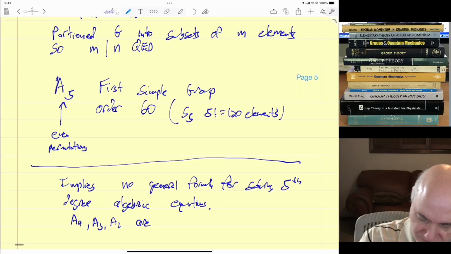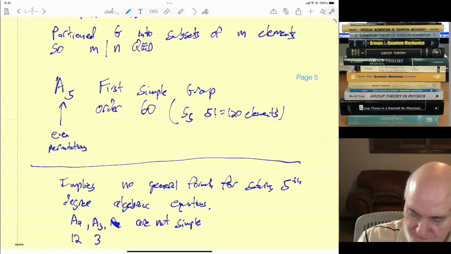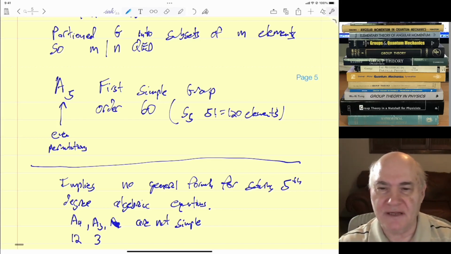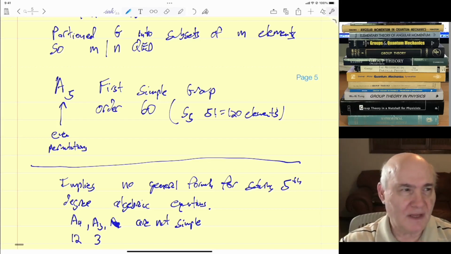Well, A2 may be simple. Let me leave that. So this has 12 elements, and this has 3 elements. So we can solve 4th degree and 3rd degree equations, and you may know those formulas, but we can't solve a 5th degree equation. So I'll stop right here, and for the next lesson we'll go on to permutation groups.